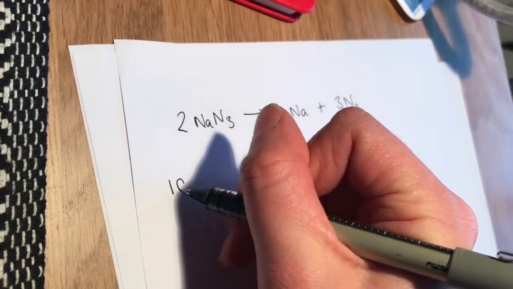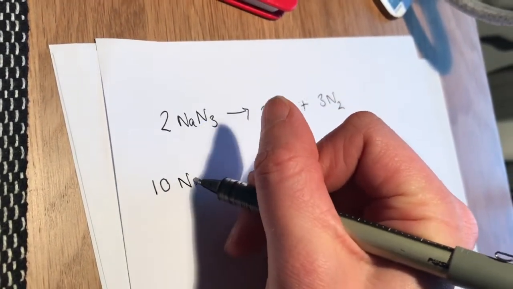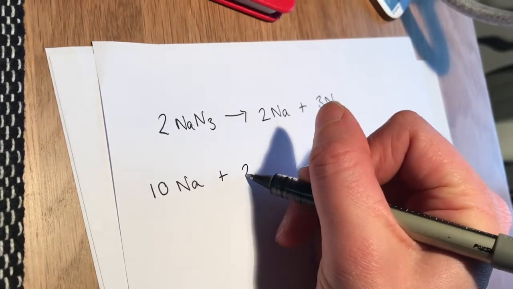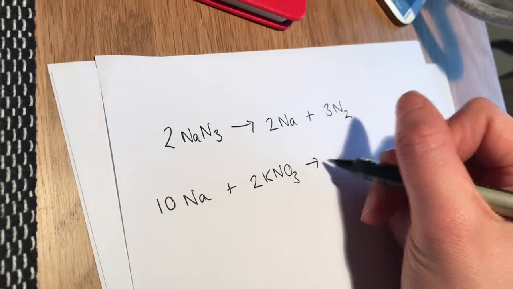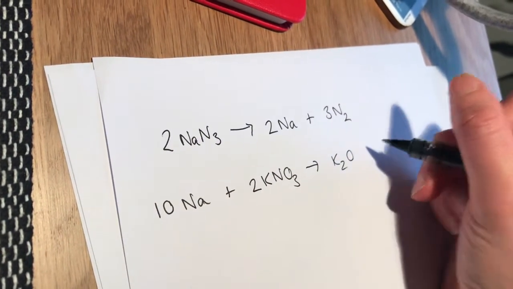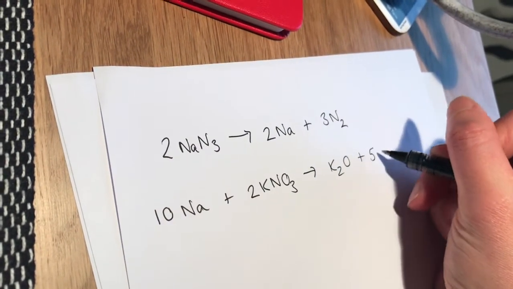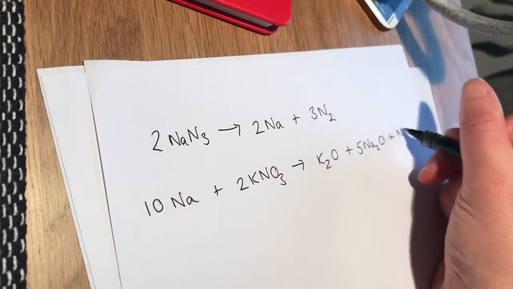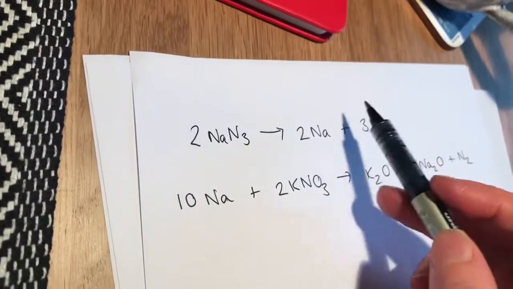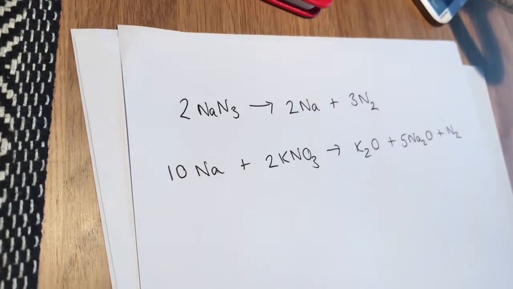And in that reaction, you need 10 moles of sodium to react with 2 moles of potassium nitrate to make potassium oxide, sodium oxide, and nitrogen. The rest of this isn't that important, but I'll write it out. But it's this bit at the start that's important.